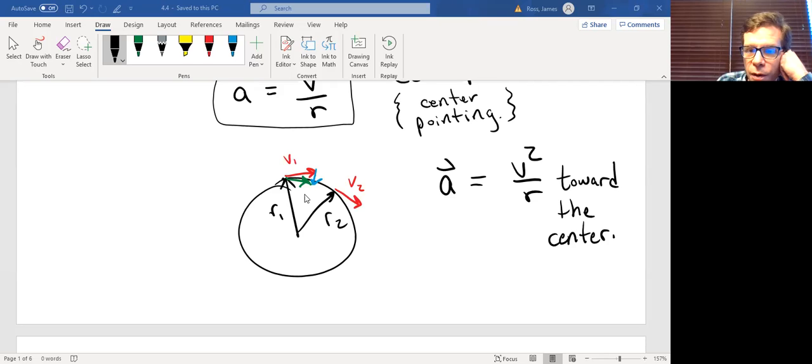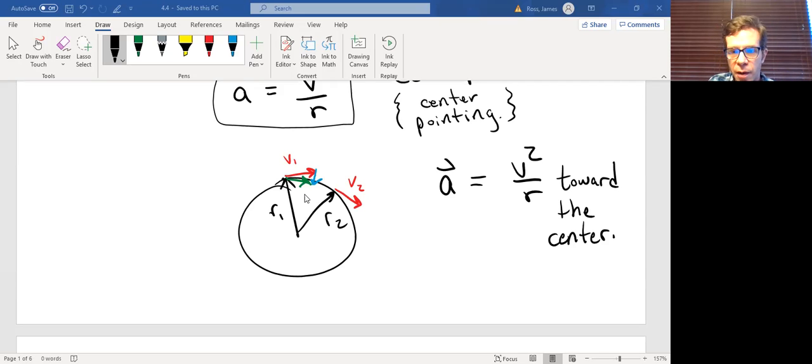So if we're moving along this track, let's say that we have a constant tangential acceleration. So if I look at this point, I've got my constant tangential acceleration in this direction. Which way is my centripetal acceleration? It has to be towards the center. And we get a total acceleration, something like this.